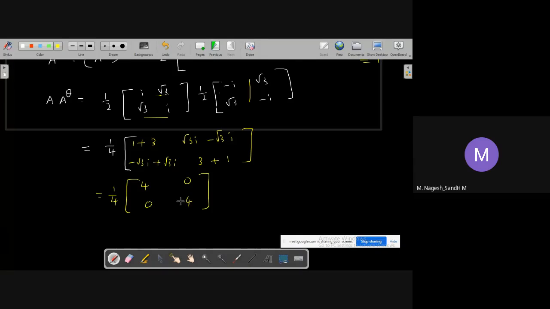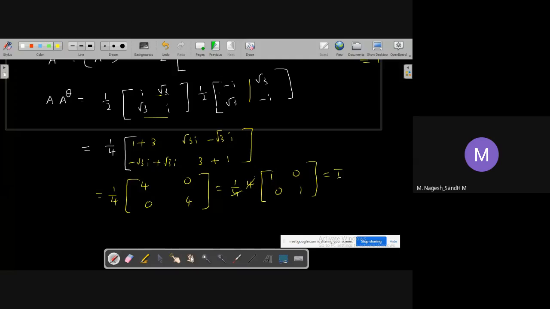Now take 4 common: 1 by 4 into 4 into [1, 0; 0, 1]. 4 and 4 cancel. So what is the value? I.